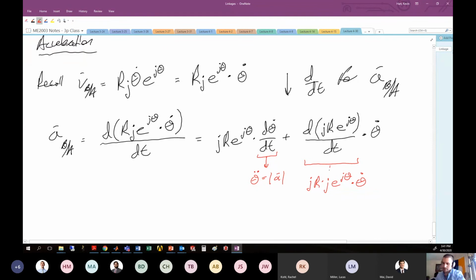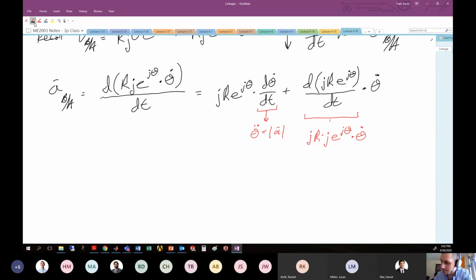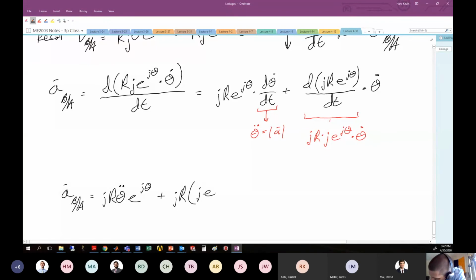All right, so now we're ready to rearrange some of this. And we'll have the acceleration of point B relative to A is this first bit, which is j r theta double dot e to the j theta, plus the second bit now here, which I just showed, was j r times j e to the j theta times theta dot, all times, don't forget this theta dot over here, theta dot.